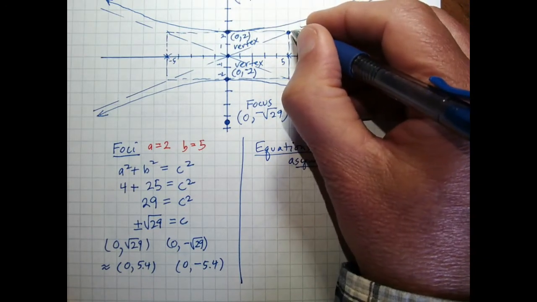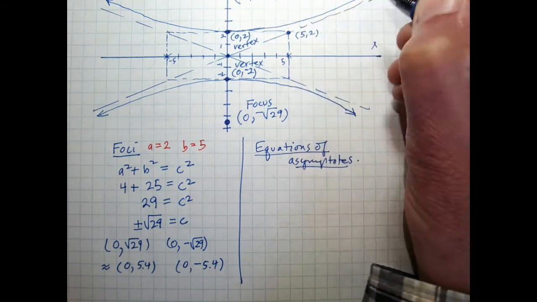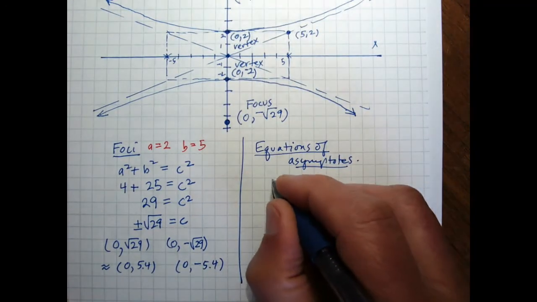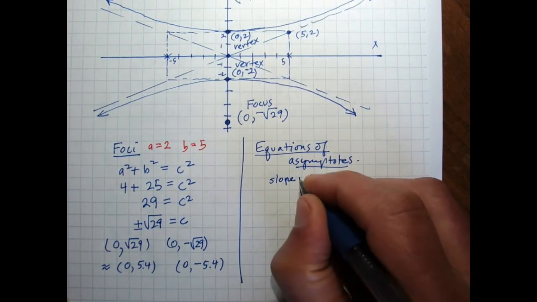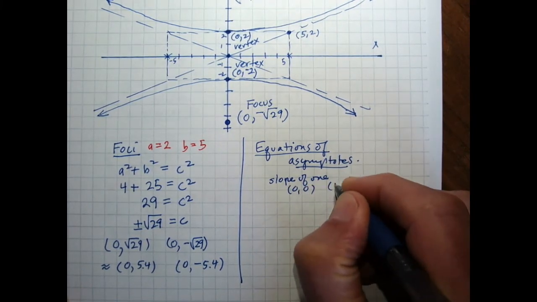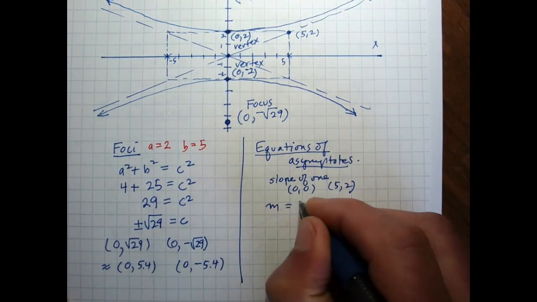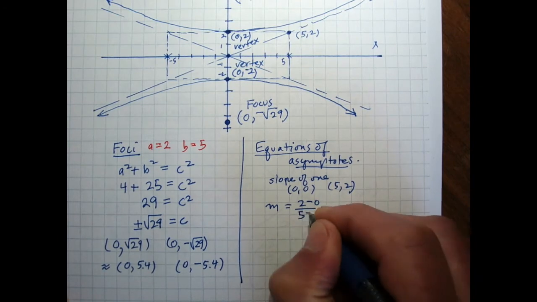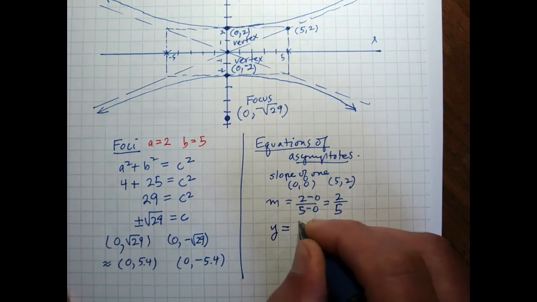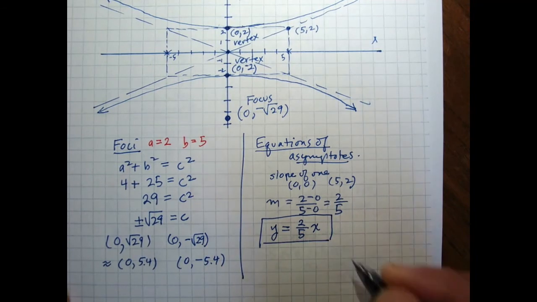The easiest is this upper right-hand corner, because this is 5, 2: x is 5, y is 2. I'm also going to use 0, 0. So the slope is going to be 2 minus 0 over 5 minus 0, or 2/5. So y equals 2/5 x is one of the asymptotes.